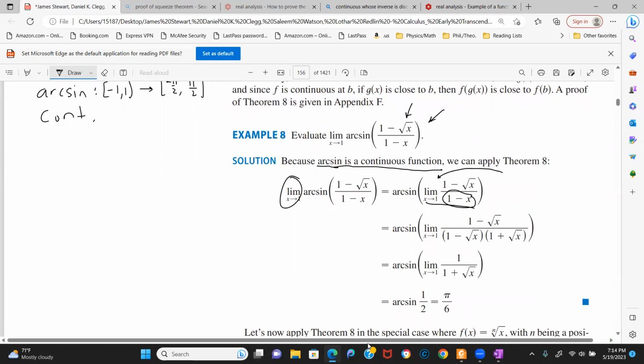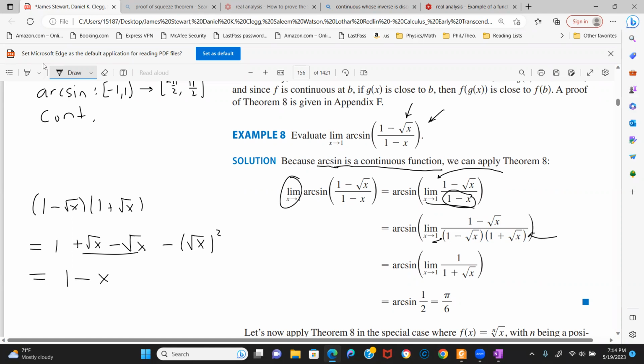Watch, if you FOIL this denominator, you get 1 minus square root of x times 1 plus square root of x. You FOIL that, you get 1, plus square root of x, minus square root of x, and then minus square root of x squared. You cancel these terms out, and 1 minus square root of x squared is just 1 minus x. So that's kind of tricky. I didn't notice that at first, actually.